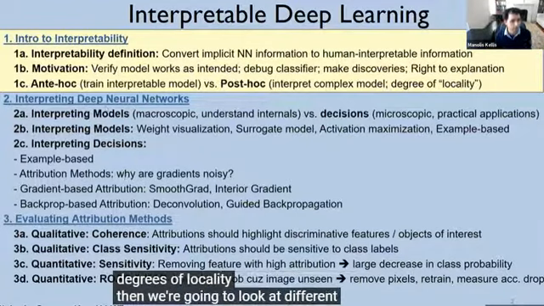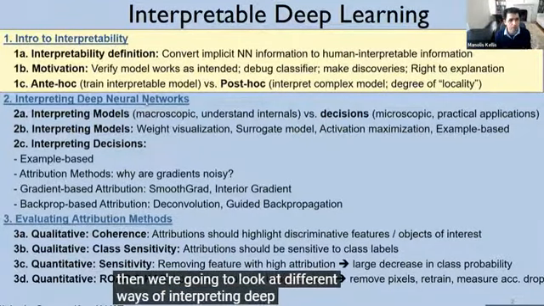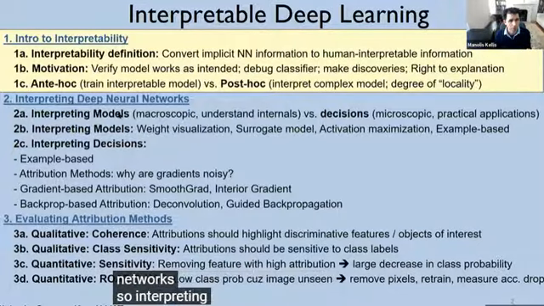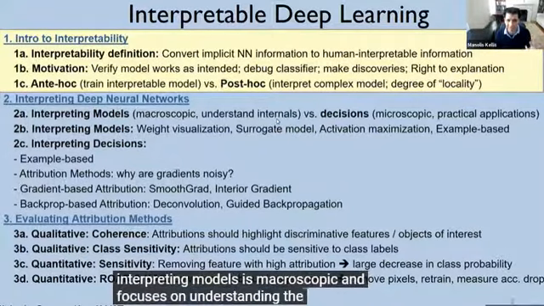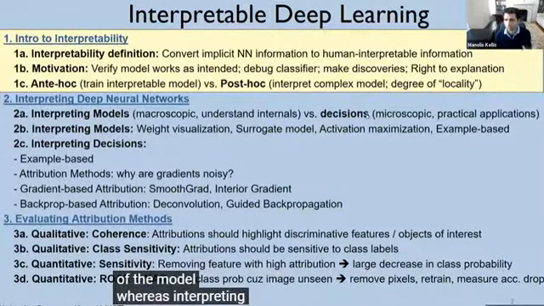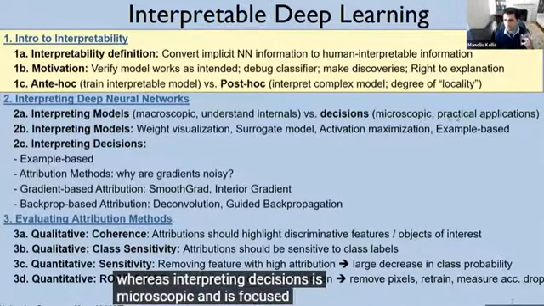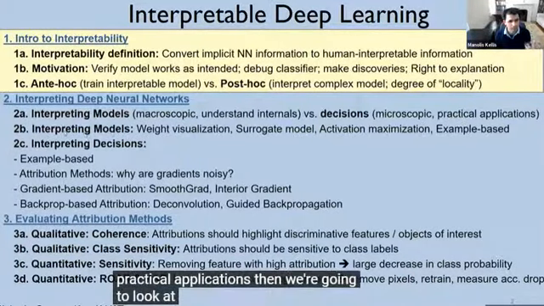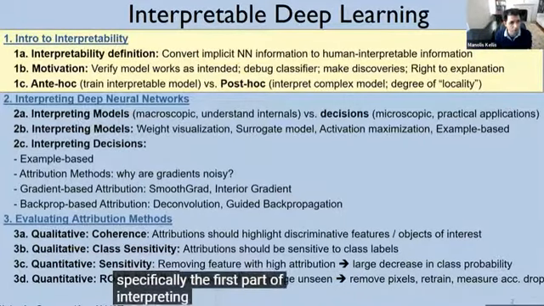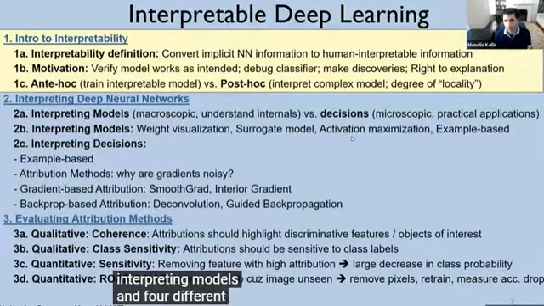Then we're going to look at different ways of interpreting deep neural networks. So interpreting models versus decisions. Interpreting models is macroscopic and focuses on understanding the internals of the model, whereas interpreting decisions is microscopic and is focused on the practical applications. Then we're going to look at specifically the first part of interpreting models and 4 different methods for doing that.